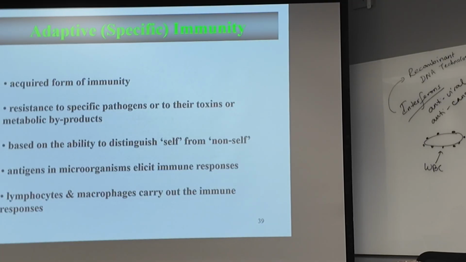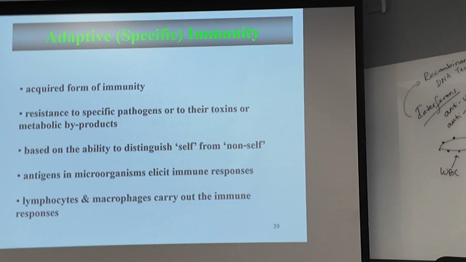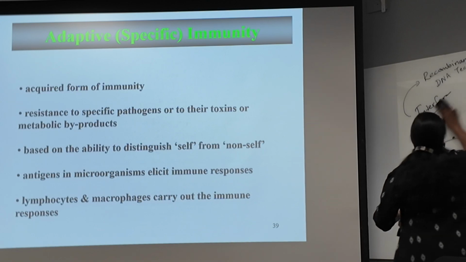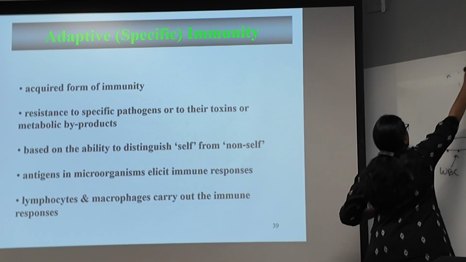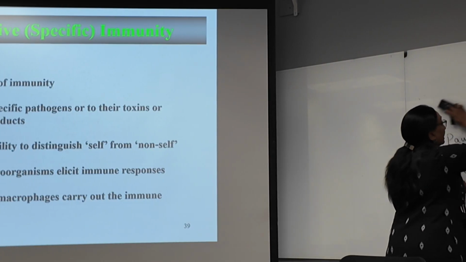Now we come to the adaptive or specific immunity. I've already given you the intro to this. There are two basic subdivisions in adaptive immunity, so let me remind you again about that.